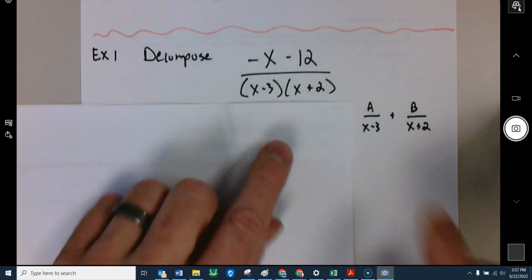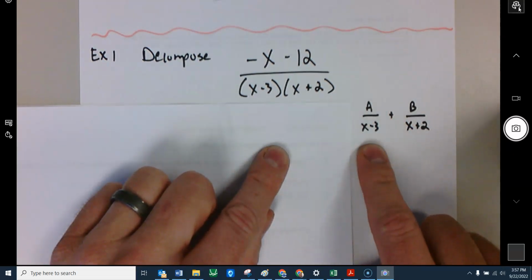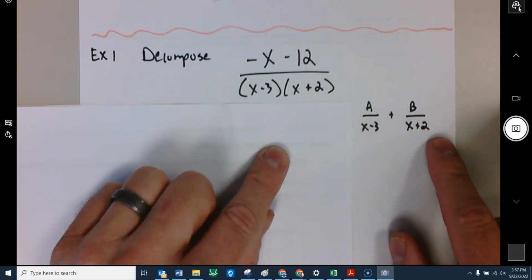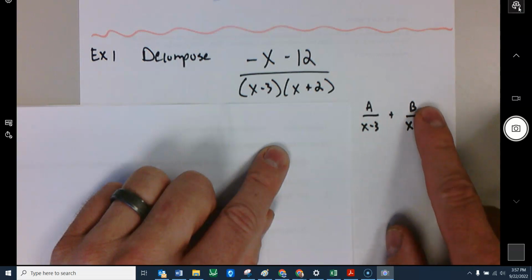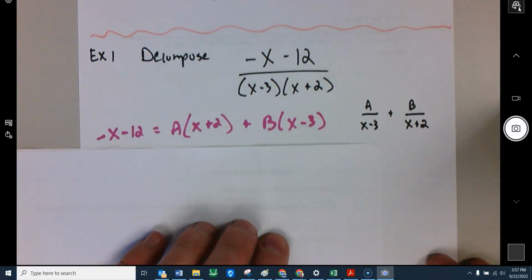I would have to multiply the top and bottom of this one by x plus 2, A times x plus 2, and top and bottom of this one by x minus 3, B times x minus 3. Then everything would have the same denominator. Just like before, if everything has the same denominator, I can ditch the denominators. I'm left with this.